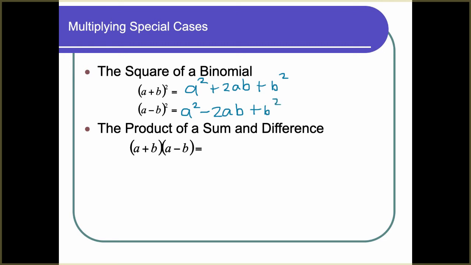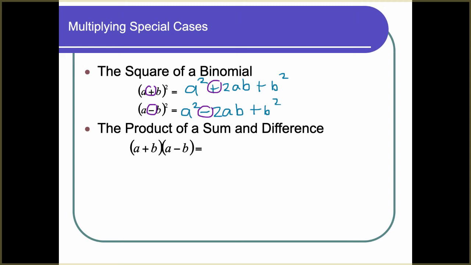So hopefully you'll notice here, when you have a binomial squared with a plus sign, your middle term is a plus sign. If you have a negative, the middle term is a negative. Those match. The first and last terms are always positive when you square a binomial. The first and last terms are always positive. The middle term matches the binomial's sign.